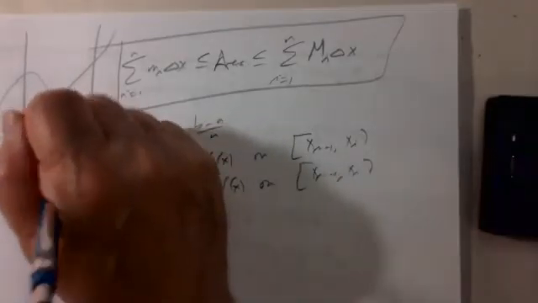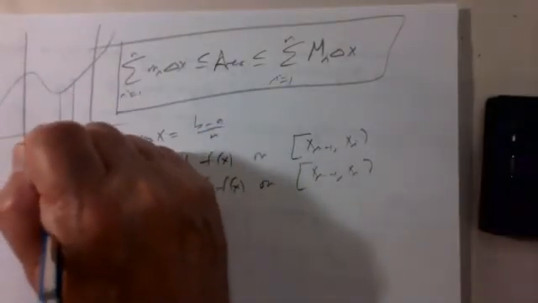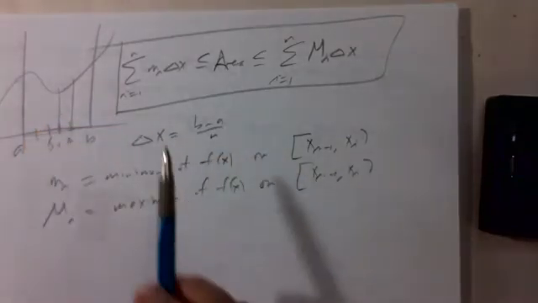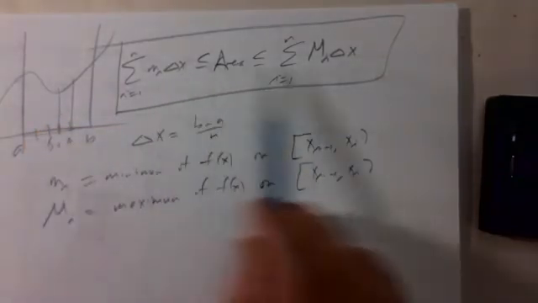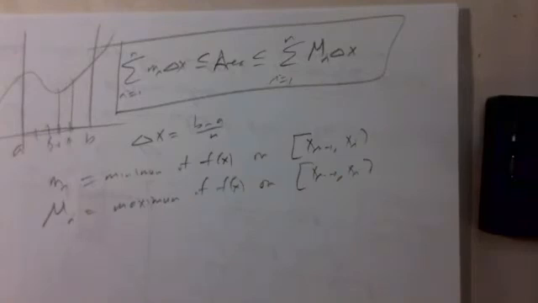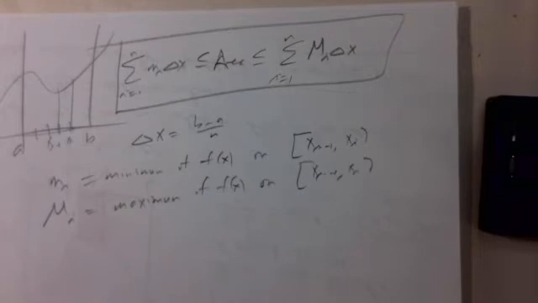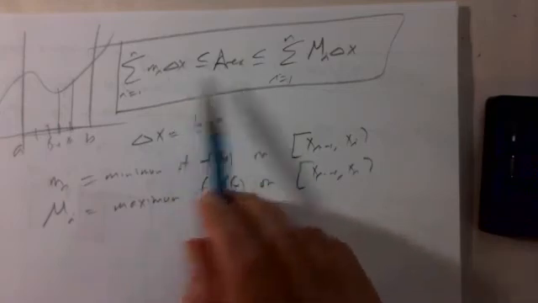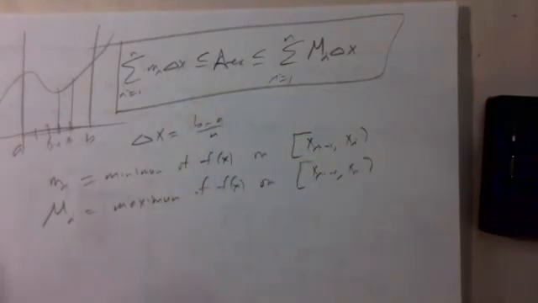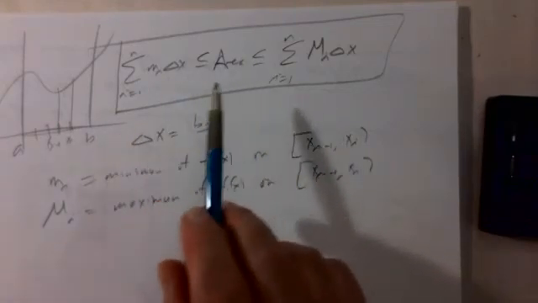And the area is bounded above and below by these two numbers. And these are numbers we can calculate because they're just multiplications. We're just adding up rectangles. So we can approximate the area from above and below by expressions of this form.